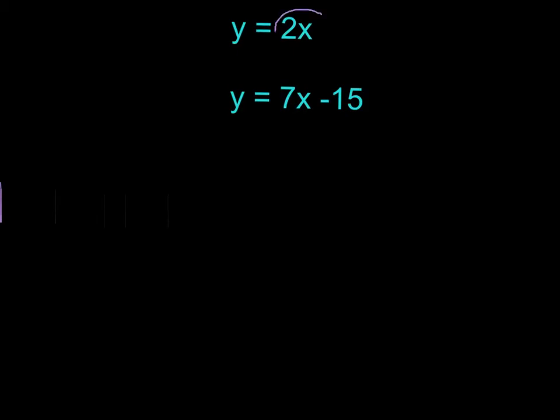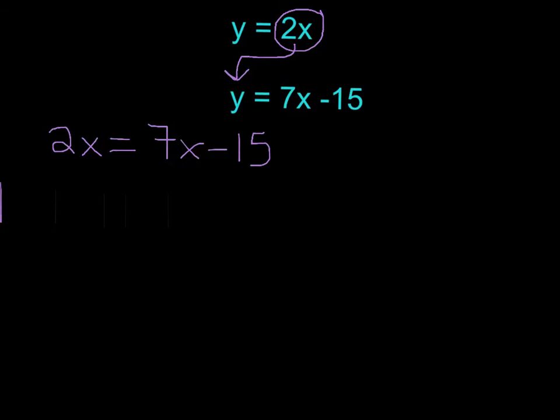If y equals 2x, you can plug in 2x for y, because that's what y equals. So if you rewrite this, 2x equals 7x minus 15. Substituted one equation in for the other, and now you can see that there's only one variable.